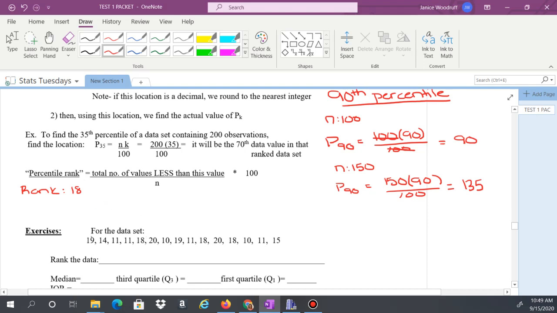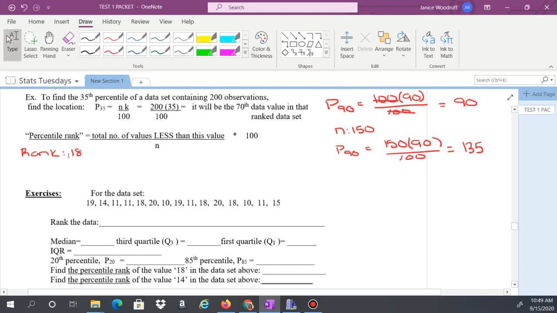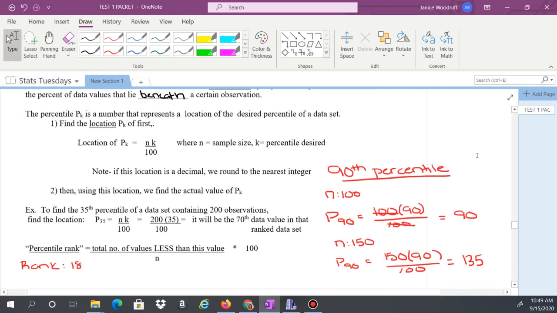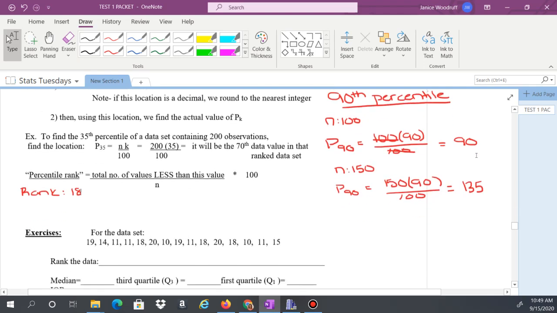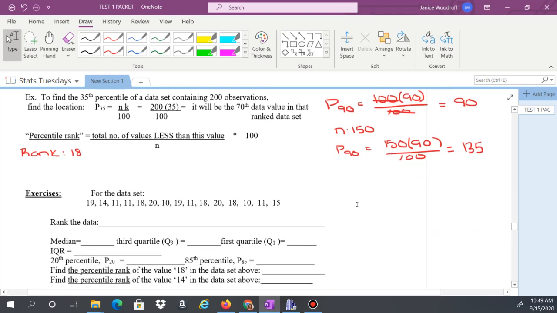Sorry, we'll have to look at the data set for this. I don't have all 100 grades here, so we're going to move on to one with actual data.